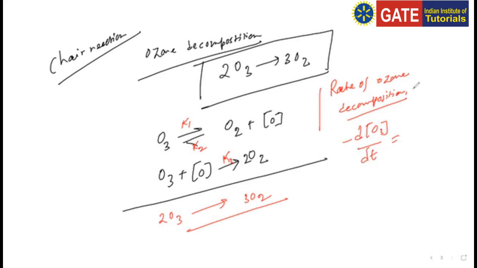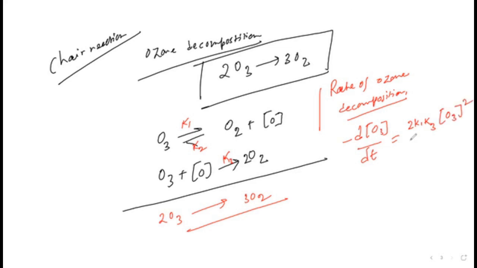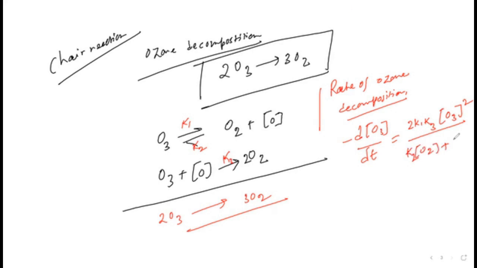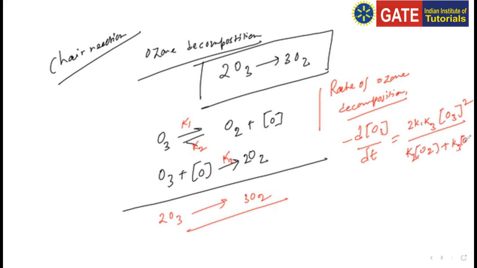Overall calculation is this much. Okay, not required. So just remember this is the overall equation. This is K1, K3 into O3 square, K2 into O2 plus K3 into O3.